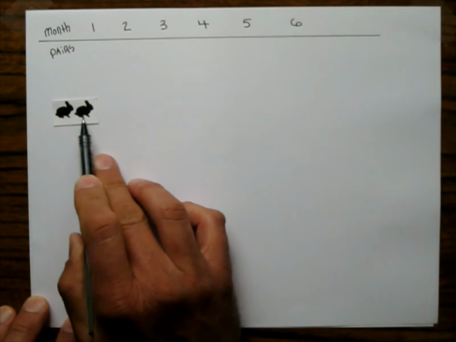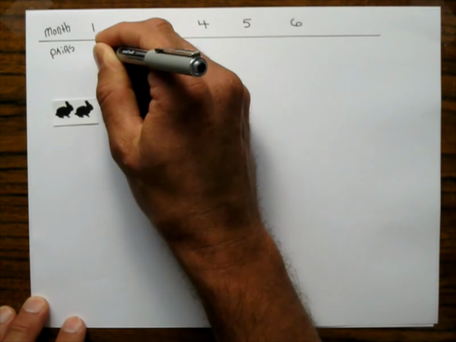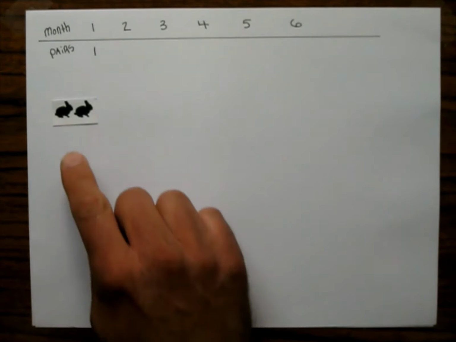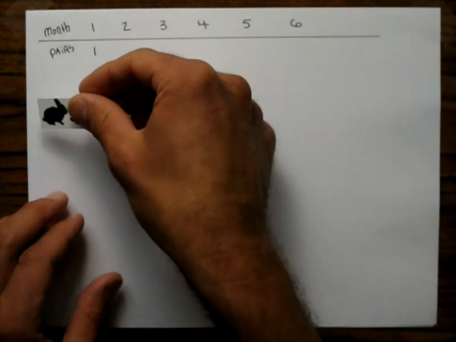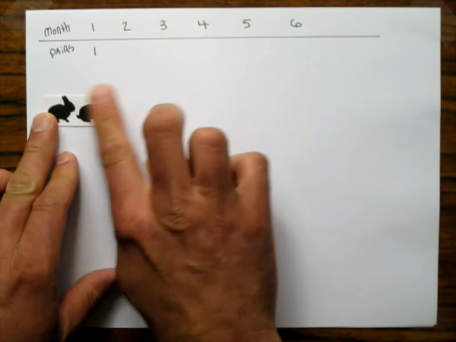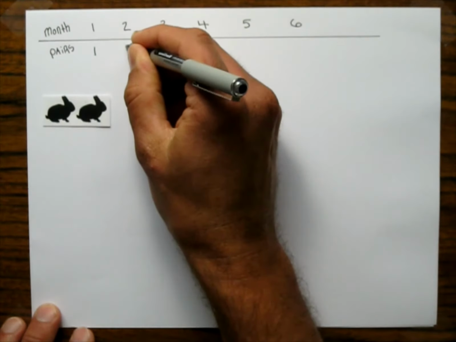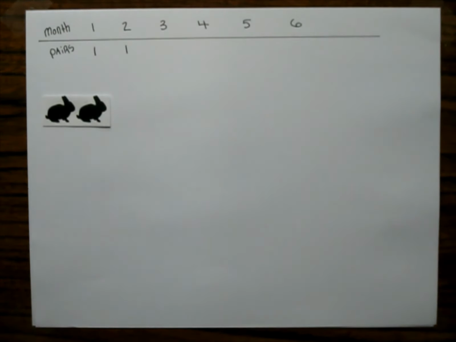There's 2 rabbits there, but there's 1 pair of rabbits. So what's going to happen? Well, after a month, those rabbits, the male and the female there, they grow up and become adults. So at the beginning of month 2, you still have 1 pair of rabbits.